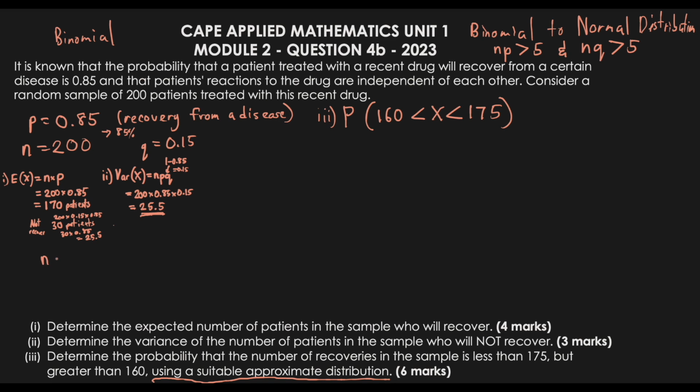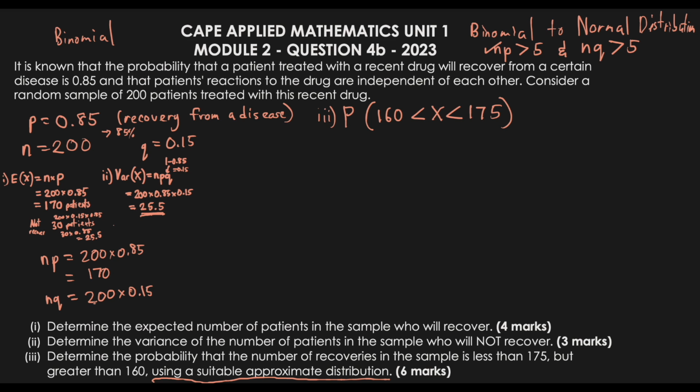So if I do NP, that would be 200 times 0.85, which is equal to 170. So in this case, we met this criteria. Now the next thing we have to check is NQ. So NQ would be 200 multiplied by 0.15.